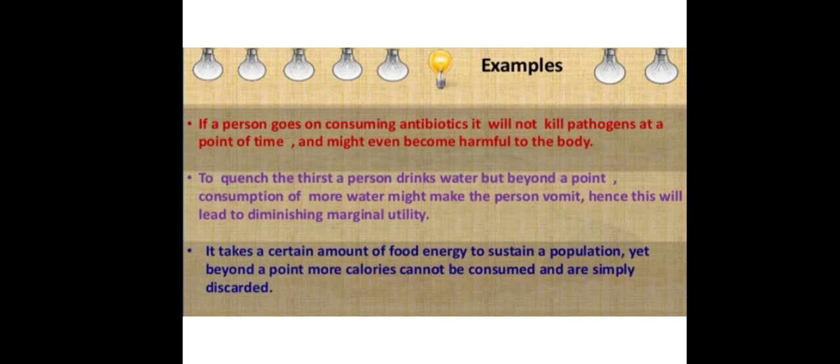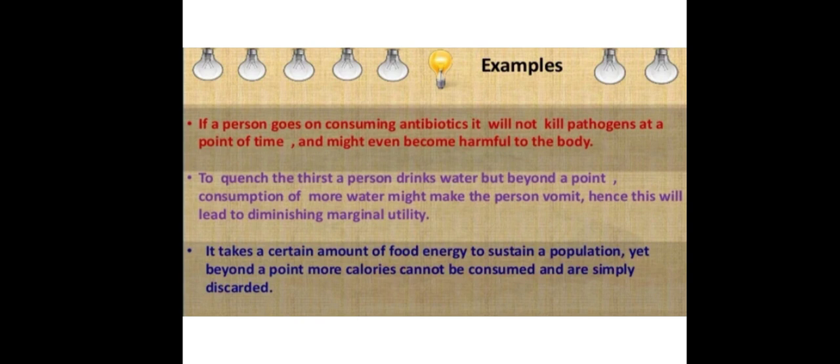The real life example you can also take is antibiotics. If suppose we have a headache and we have taken Disprin, it will be effective. After 1 or 2 hours the headache will be okay. But what if I consume Disprin on a daily basis? Then after a point, beyond a point, what will happen?